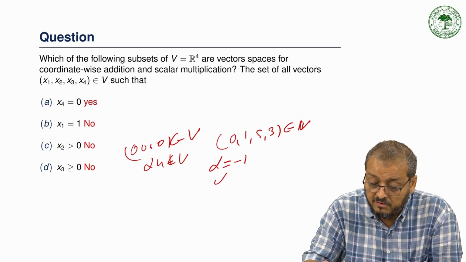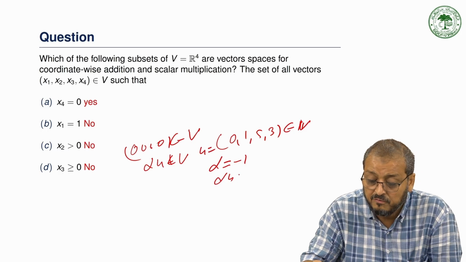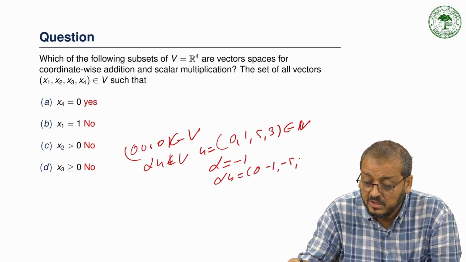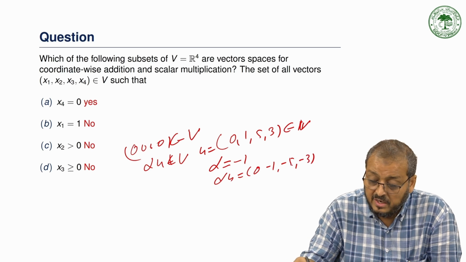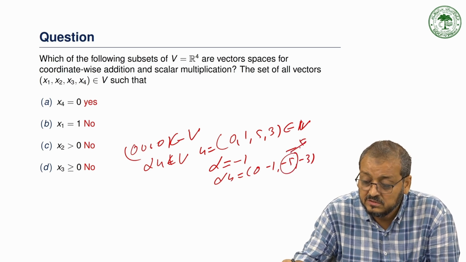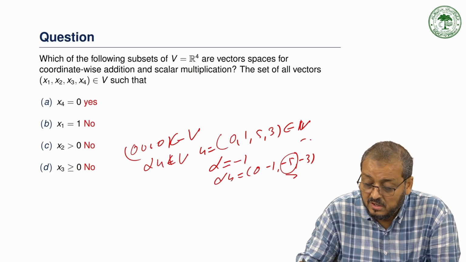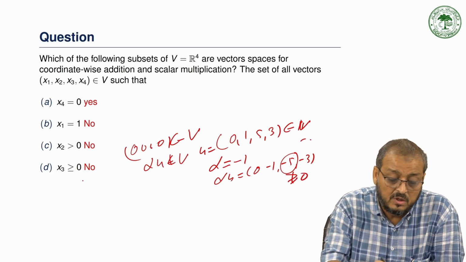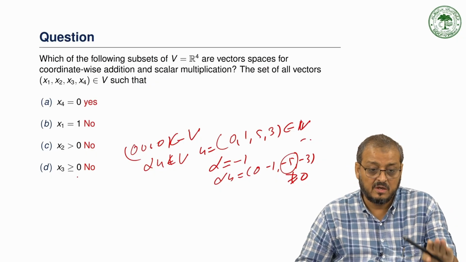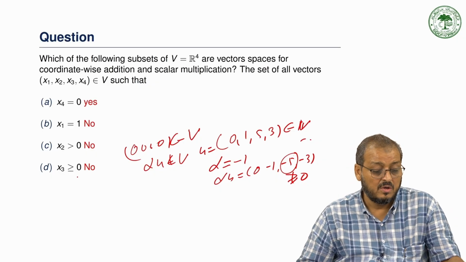Then alpha u is of the form 0, -1, -5, -3, and x3 = -5 is not greater than or equal to 0. So this set is not closed under scalar multiplication, and is not a vector space. So I have said all these things.